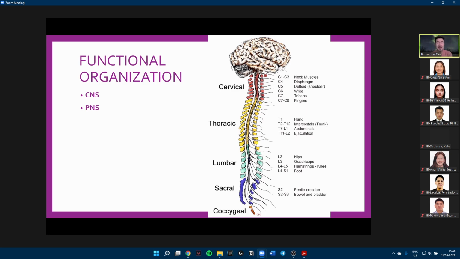For the 31 pairs of spinal nerves, we have 8 pairs of cervical, 12 pairs of thoracic, 5 pairs of lumbar, 5 pairs of sacral, and 1 coccygeal. So all in all, you have 12 pairs of cranial nerves and 31 pairs of spinal nerves: 8 cervical, 12 thoracic, 5 lumbar, 5 sacral, 1 coccygeal.